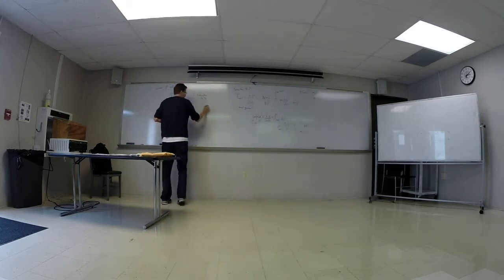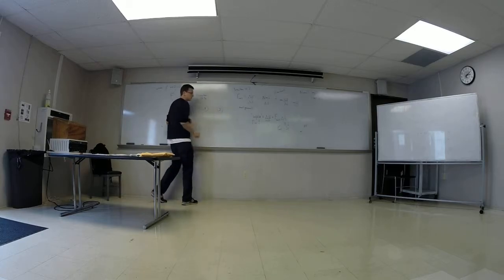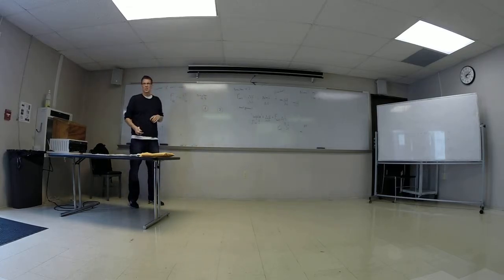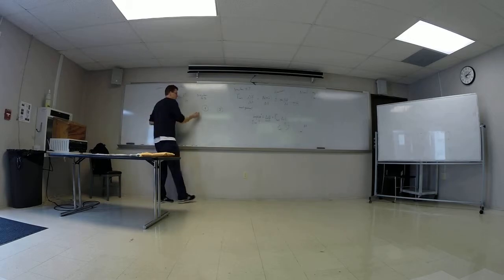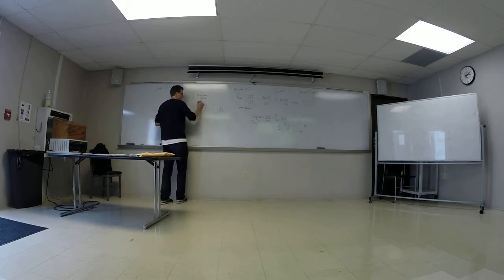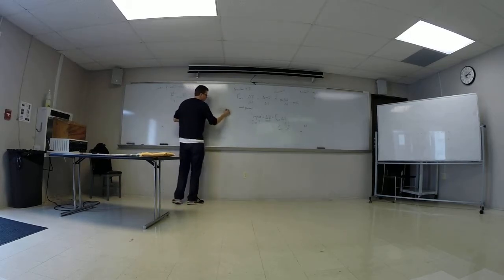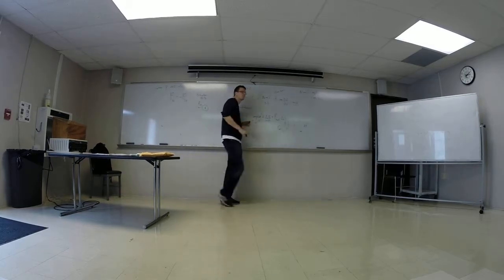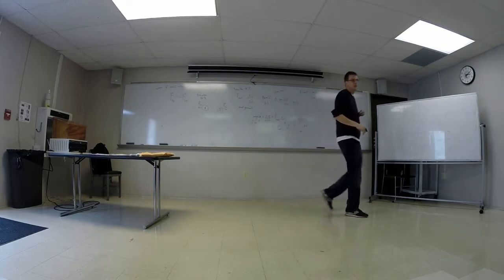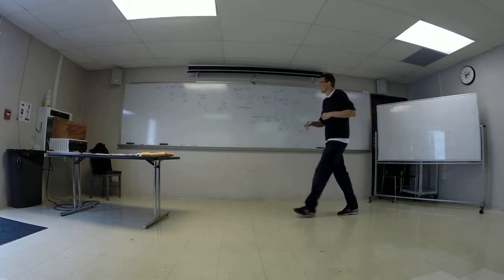So let's say I have, here's my object 1, here's my object 2. They're exerting forces on each other. I guess it doesn't matter if they're attractive or repulsive. Their point is just that they're equal and opposite. And let's figure out what we do.